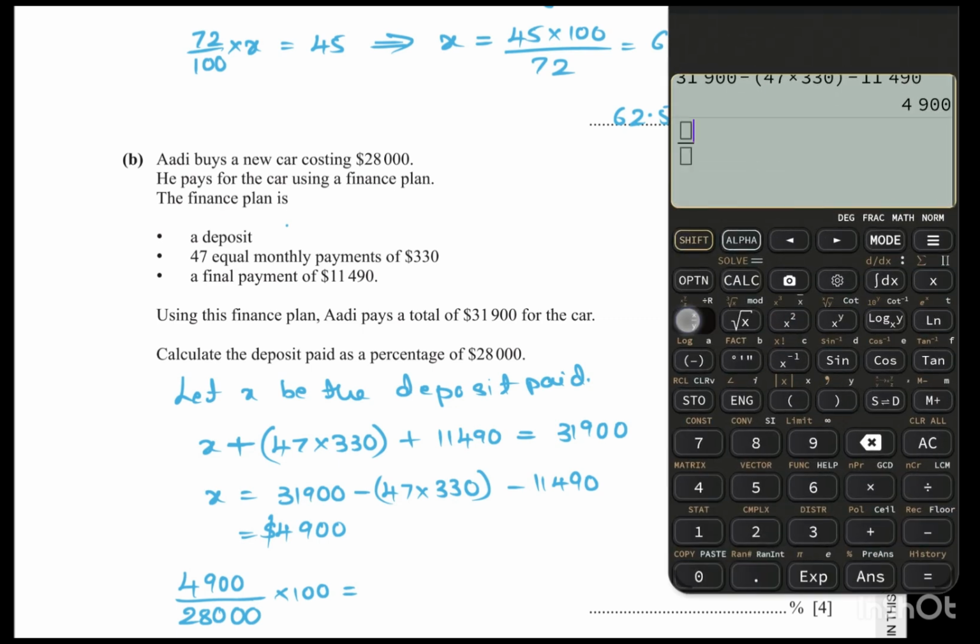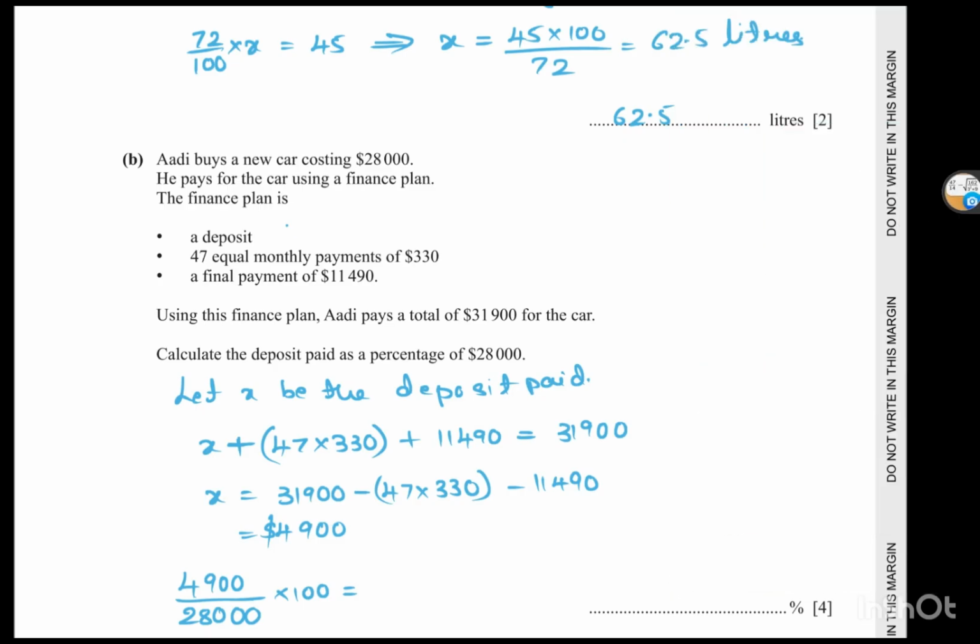So do this in calculator. 4,900 by 28,000 into 100 is 17.5%. This is the percentage of the deposit. That's all. Question number 1, A and B is done.